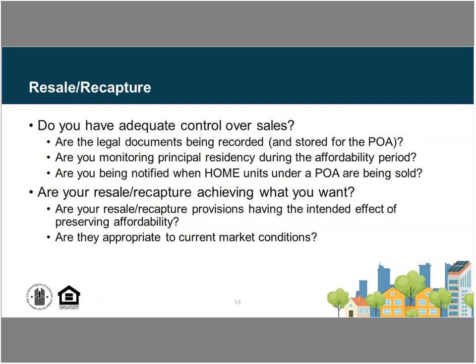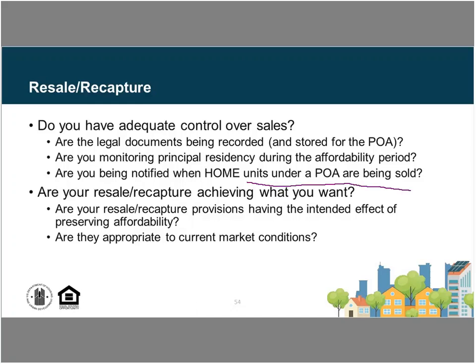That's how I always found out that somebody was no longer in compliance, but that was one way that we checked. I know a lot of other communities will actually send a letter out, saying please sign and return, certifying that you're still living there. All different ways to do that, but you want to make sure that you're monitoring that principal residency during that period of affordability. You also want to be notified when the units are being sold.